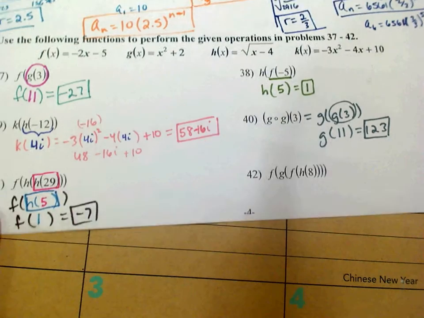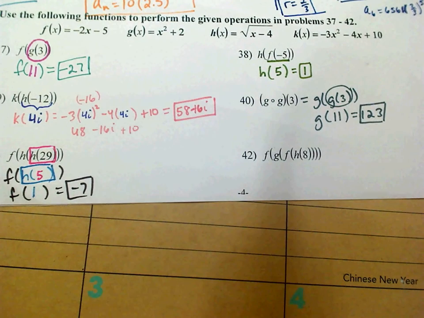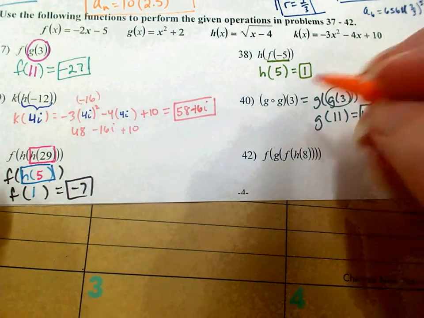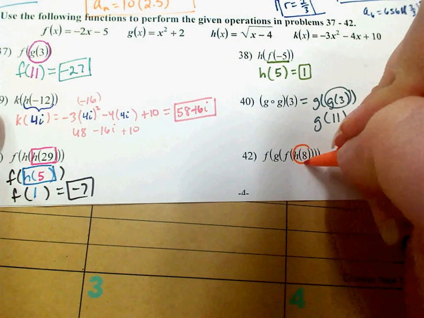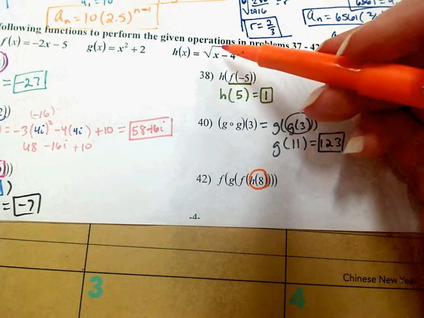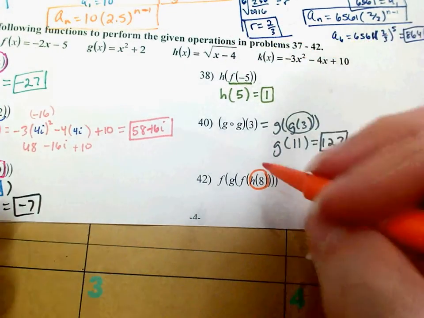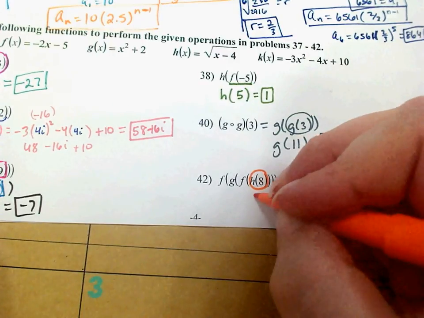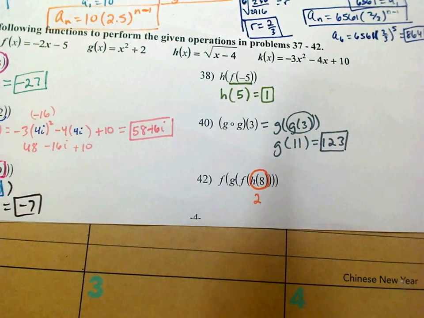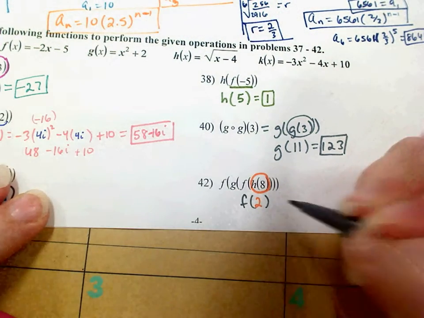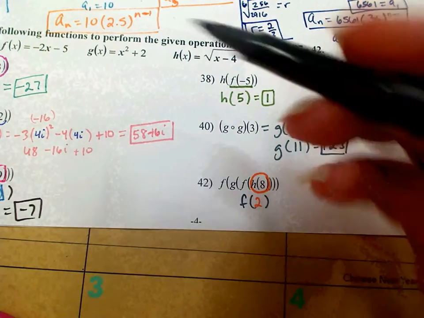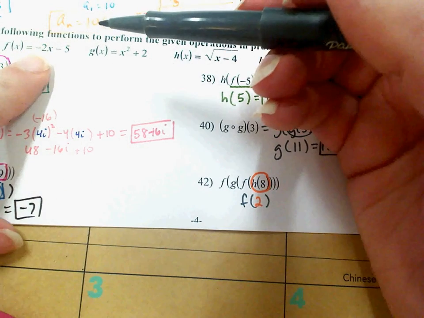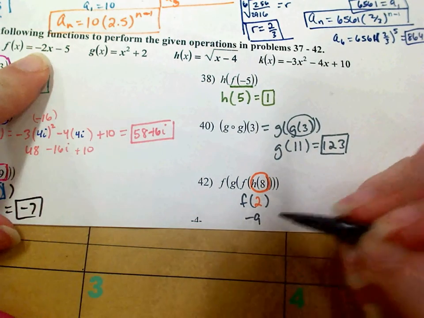Last one, h of 8. So I'm going to plug in 8 right there. I got the square root of 4, which is 2. And then I need to find f at 2. F at 2 is negative 4 minus 5. That's a negative 9. I need to find g of negative 9.